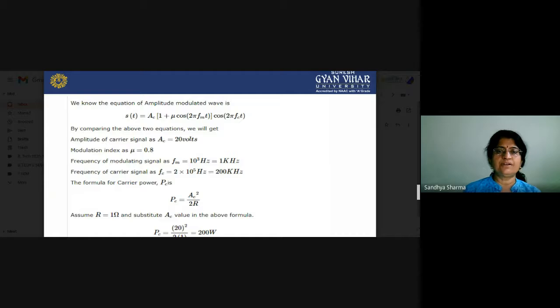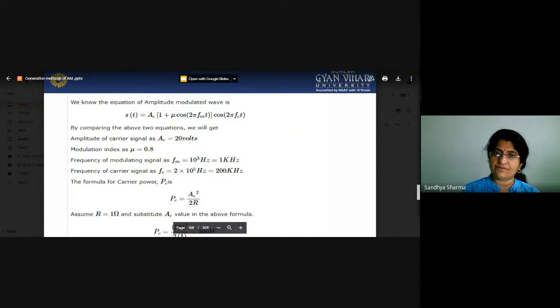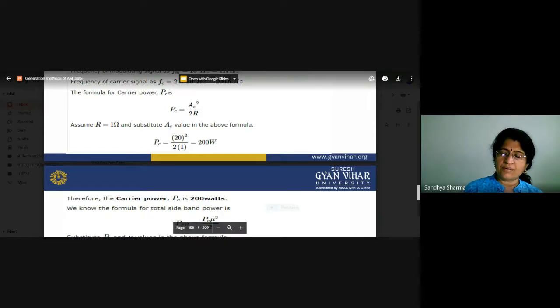Substitute the value of Ac, which is given as 20 volts, and you can calculate the carrier power. The carrier power is 200 watts.